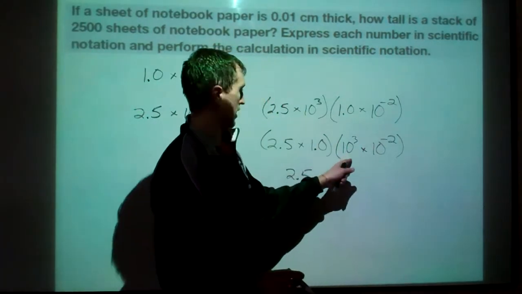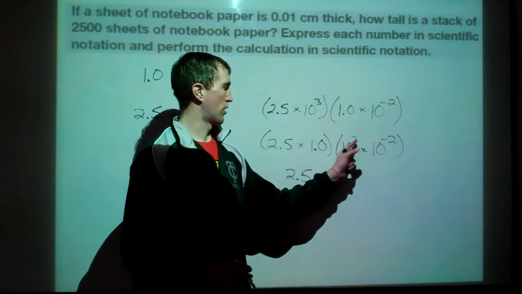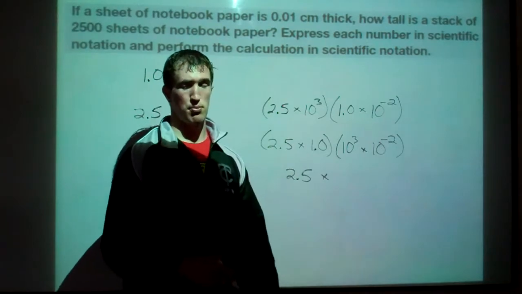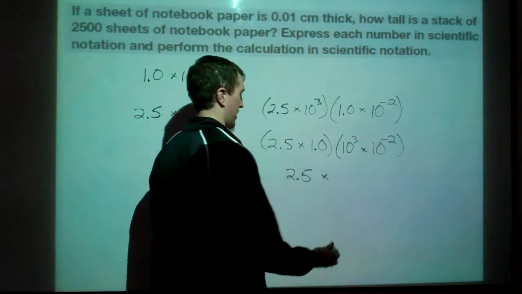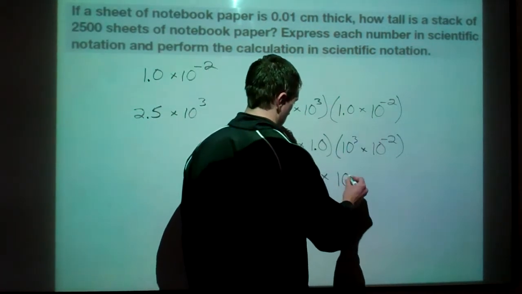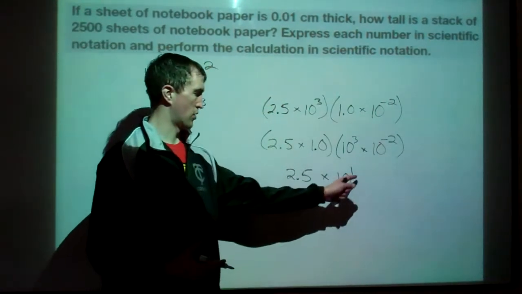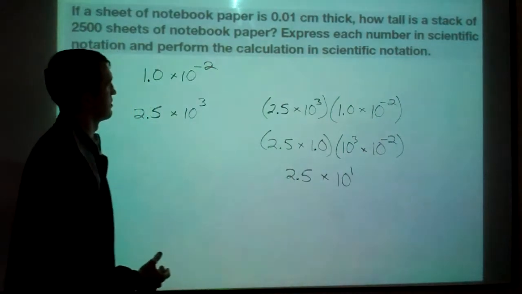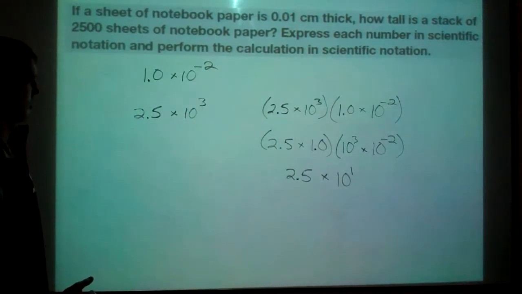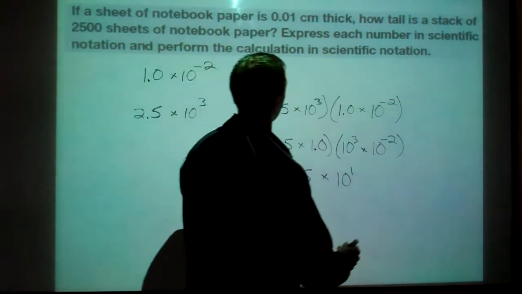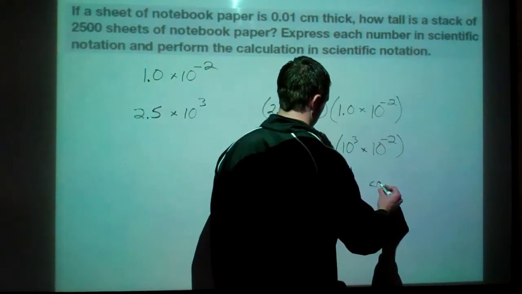We are multiplying, our bases are the same, so we can add these exponents. 3 plus negative 2 is 1, so that's where I get the 1 from. So our answer, how tall is this? 2.5 times 10 to the first power in centimeters.